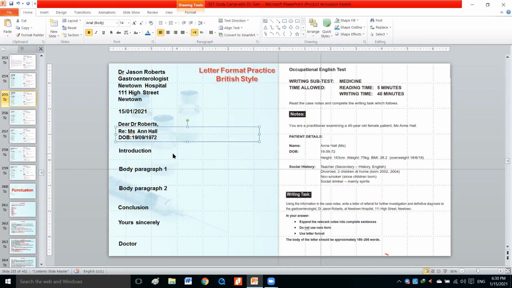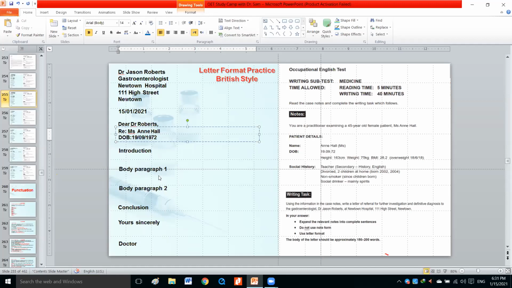After that, we will remove the blank. Then salutation, Dear Dr. Roberts. We will remove the comma between Doctor and Roberts, and we can put a comma after Roberts. Regarding Miss Anne Hall, there is a spelling mistake with the E. The name of the patient is Anne Hall. Date of birth 1972 is okay, no mistakes.